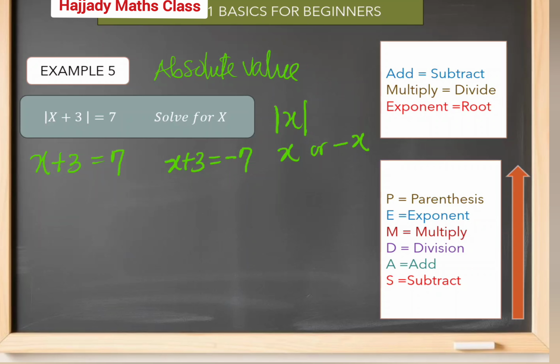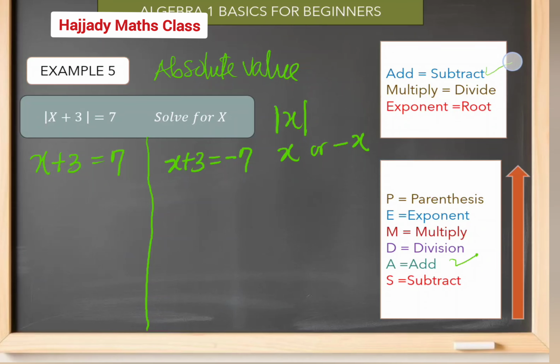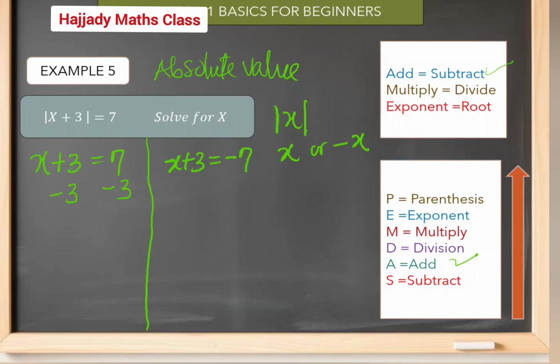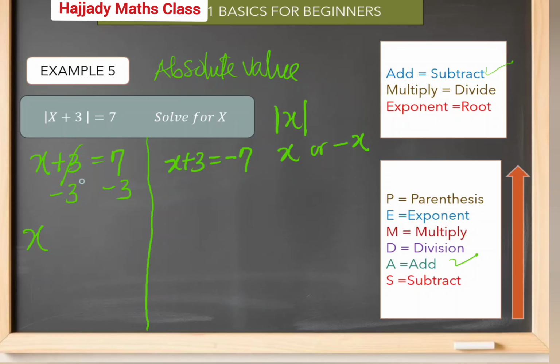Now, to do this, I'm going to divide this into 2 using the same approach. Using PEMDAS, on the left side, here we have the addition. And if you have addition, the inverse is subtraction. That is, subtract 3 from both sides. Here we have x, 3 minus 3 cancel out, 7 minus 3 gives 4.